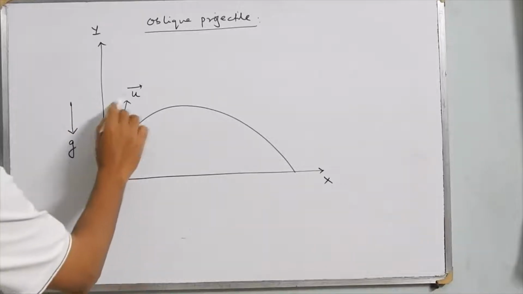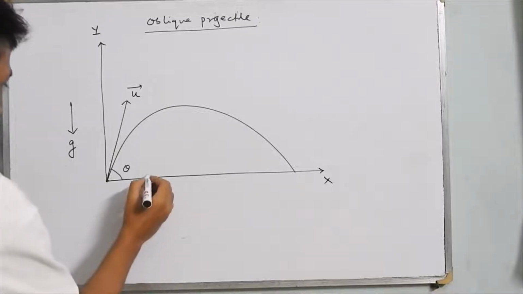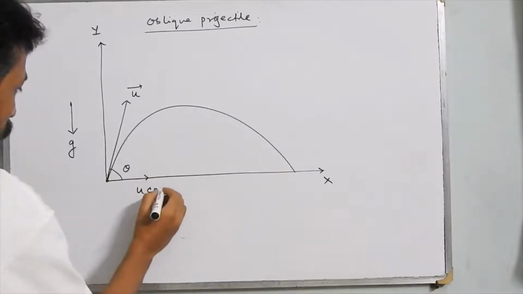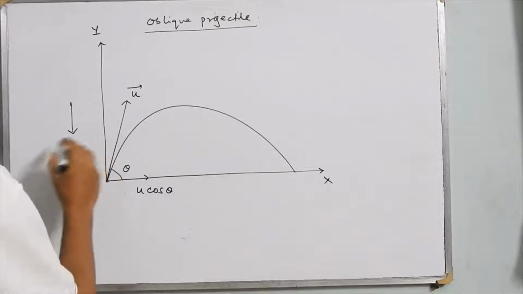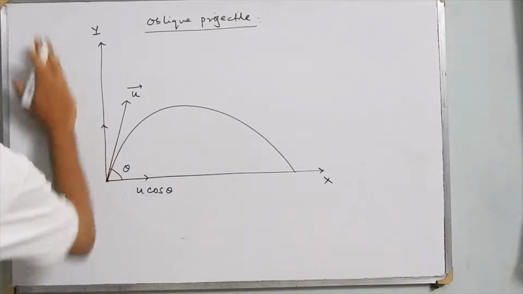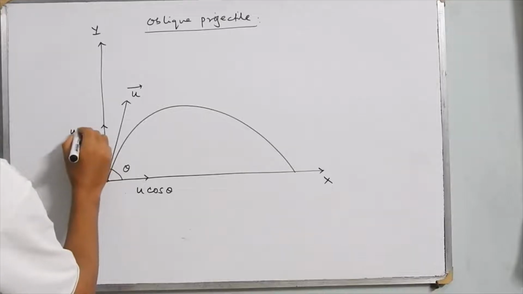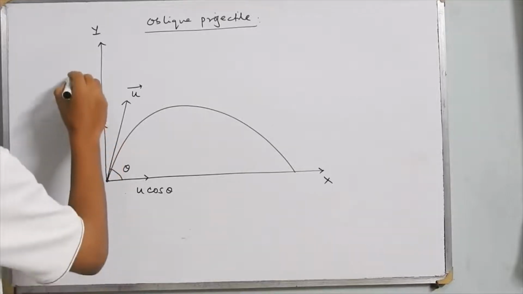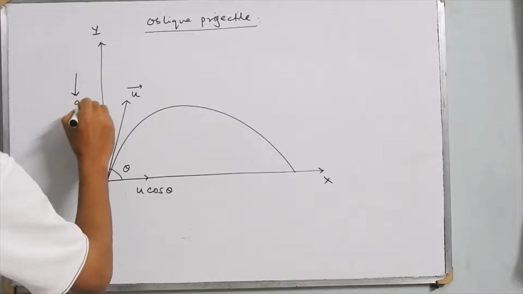So this velocity u vector will have two components, that is u cos theta along the horizontal and u sin theta along the vertical. And g is acting along the vertically downward direction.